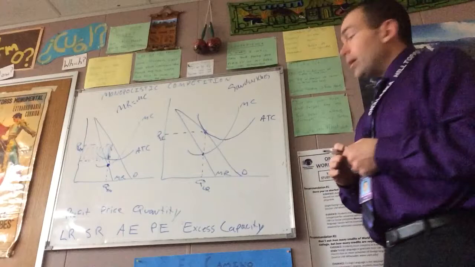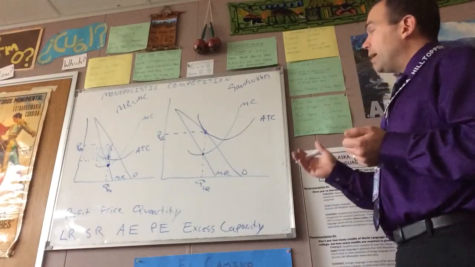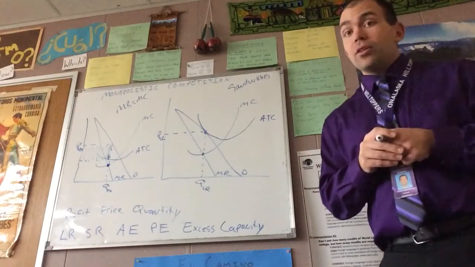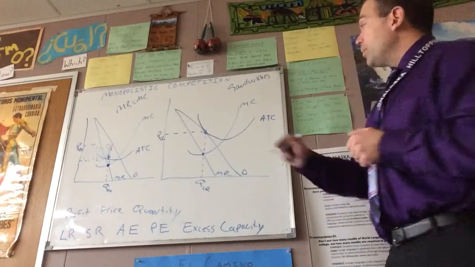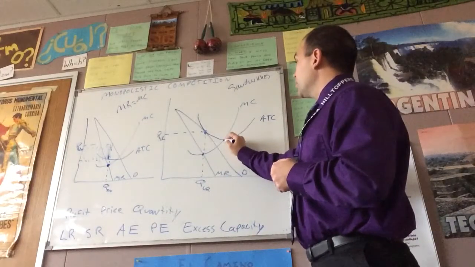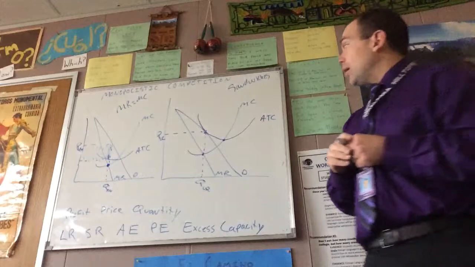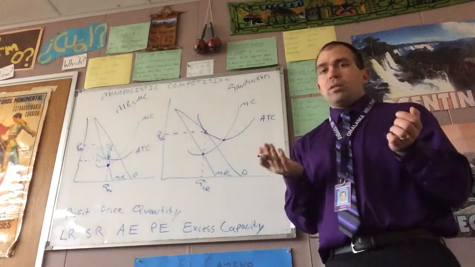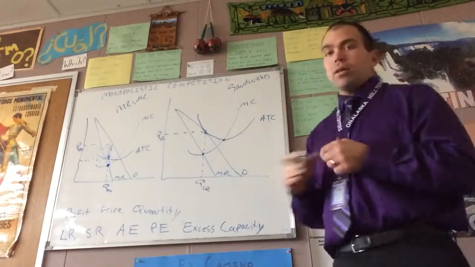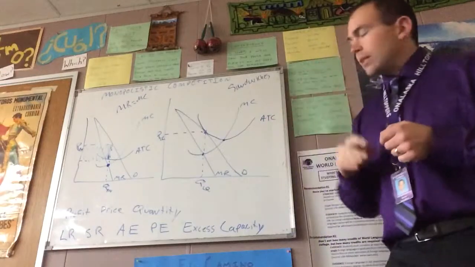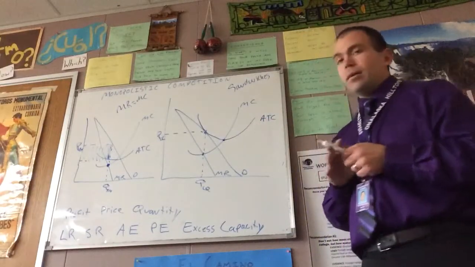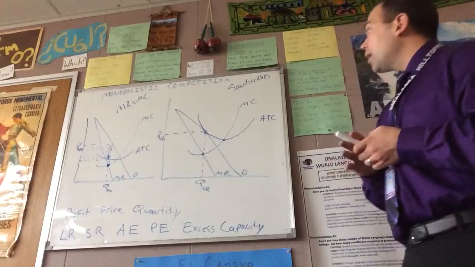Then we have to figure out whether this is productively efficient. No, because productively efficient is the bottom point of ATC, which is always at the point where it crosses MC. The video on that has to do with me understanding how to do baseball statistics.